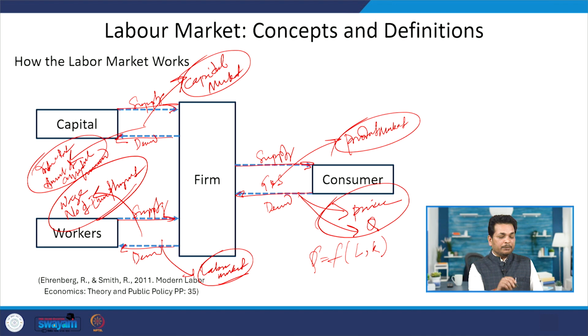Further, the demand and supply of capital also decides the amount of labor employed in the labor market, because capital and labor are substitutes for each other. So, we have to study the behavior of the capital market and the product market to understand their impact on labor demand and labor supply. You cannot study the labor market in isolation from the product market and capital market.